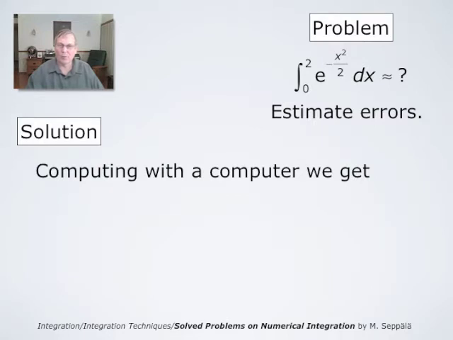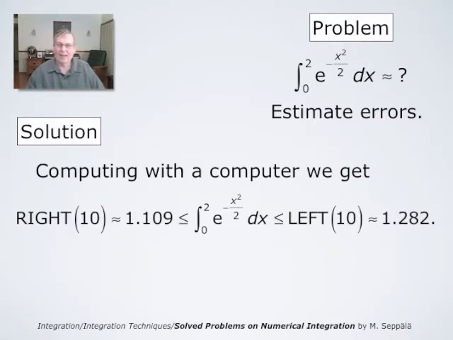Computing with a calculator or computer, we get that right 10 is approximately 1.109 and left 10 is approximately 1.282, and the value of the integral lies between these bounds.